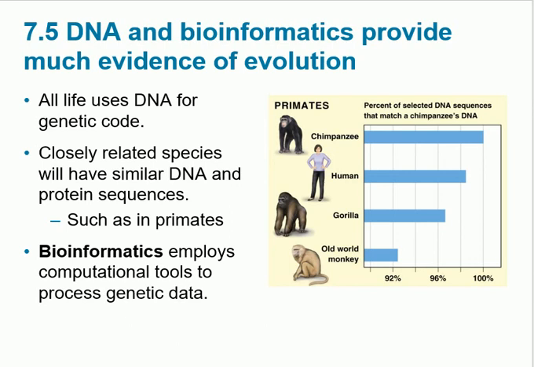All life uses DNA for genetic coding, whatever it is. If you're talking about humans, DNA, right? Animals, DNA. Plants, DNA. Everything has DNA, right? So if you study the DNA, it can provide additional evidence of the relationships between those. Like if you study these primates, we call those primates.